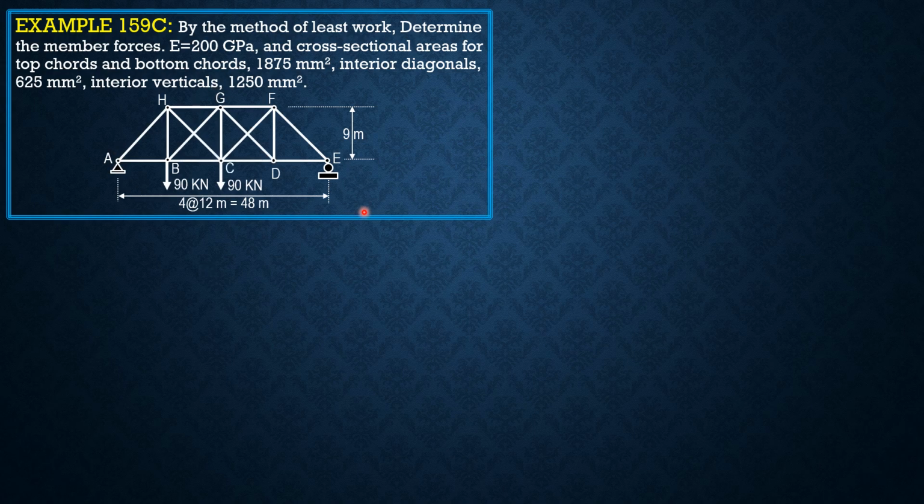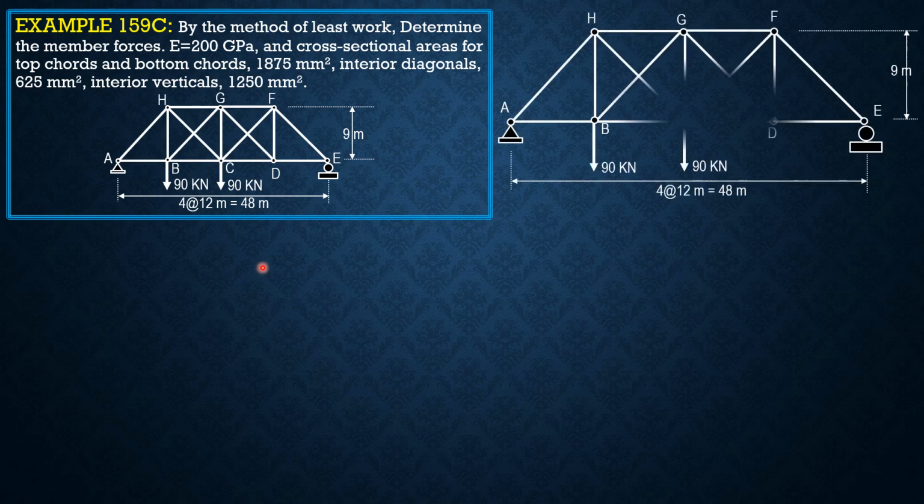This truss is statically stable and indeterminate to the second degree internally. Externally, it is determinate. There are only three support reactions. So we select the redundant forces to be one of these diagonals per panel, and we put the results here by statics.